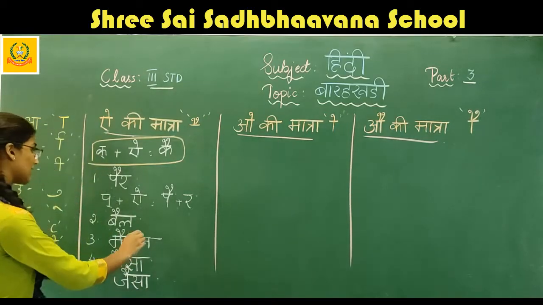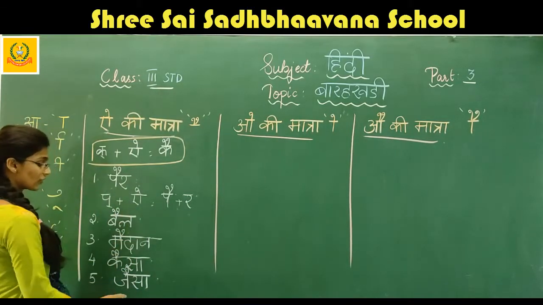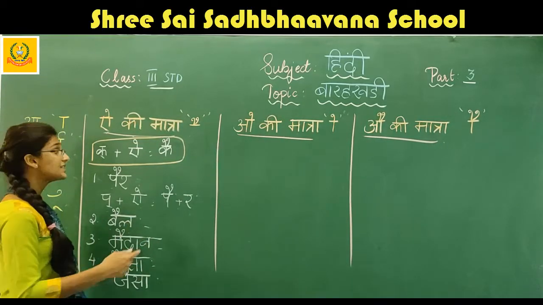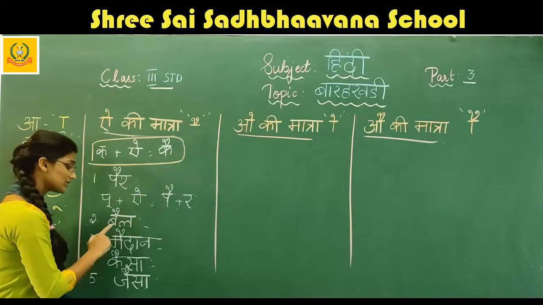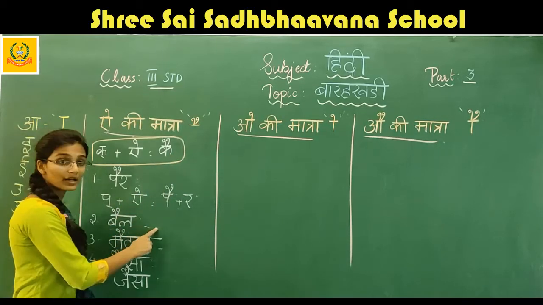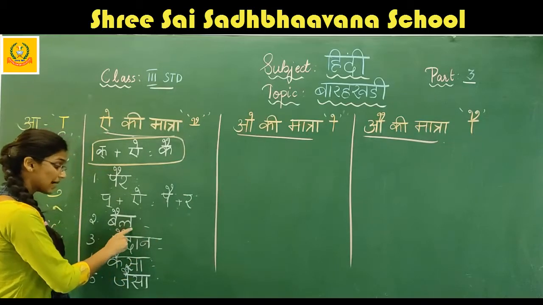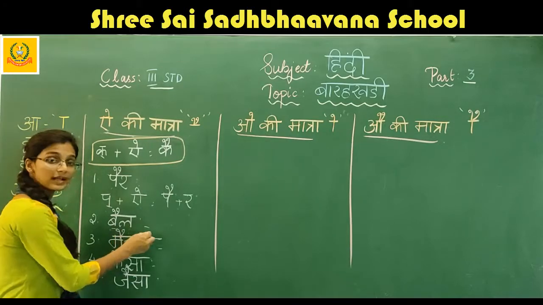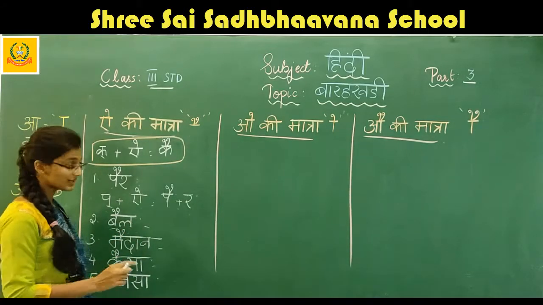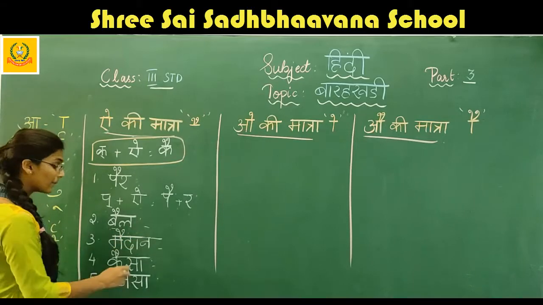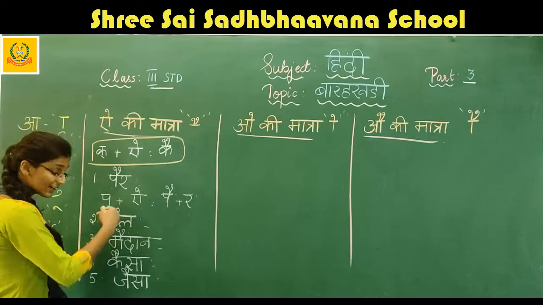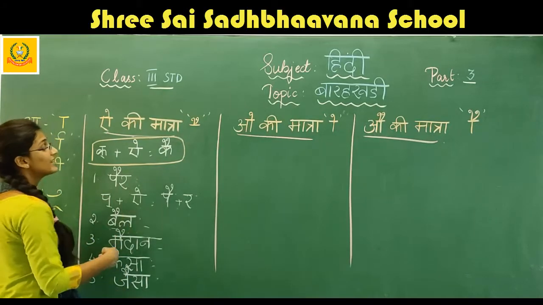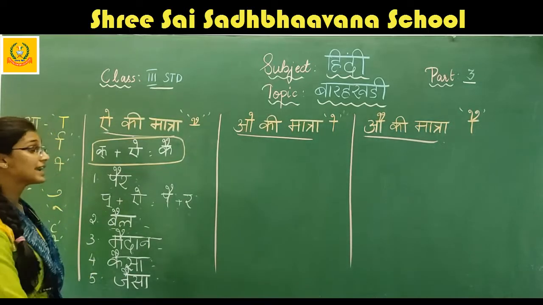So children, I have given 5 examples for each of them. You try expanding and writing like this. Suppose here, bale: b plus I is equal to bi, that is the first letter. L plus, there is no matra, so A ki matra, L plus a is equal to la. Bale. Like that you can write. Maidan, then Kaisa, Jaisa, like that. These are the 5 examples for I ki matra.